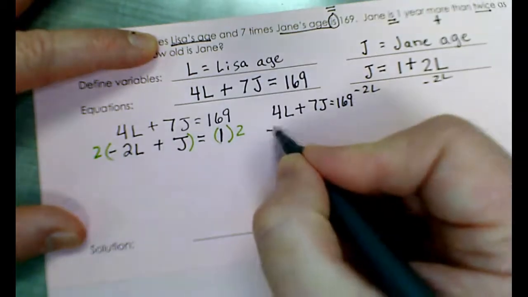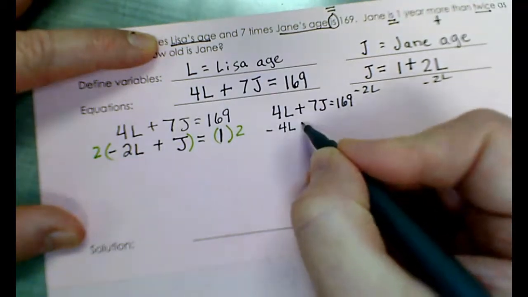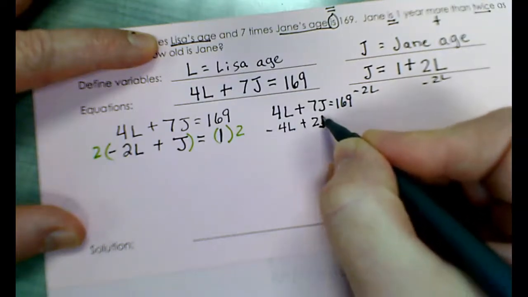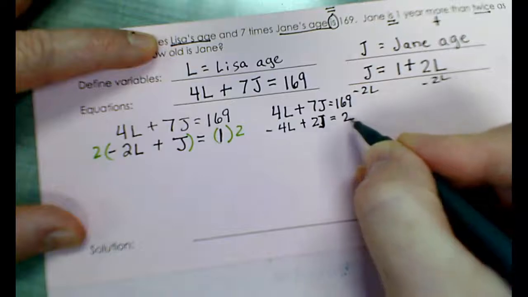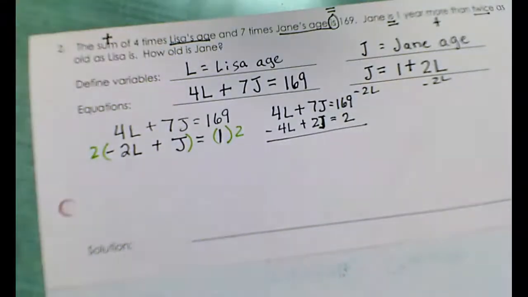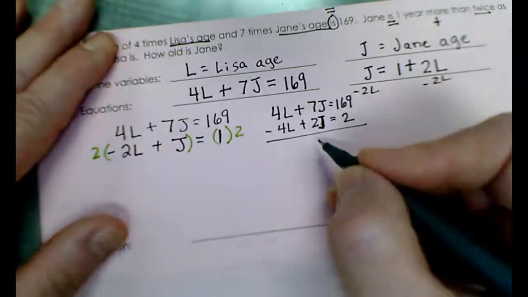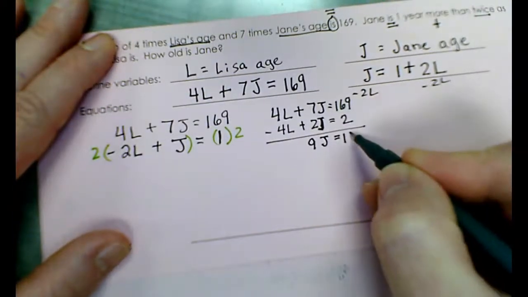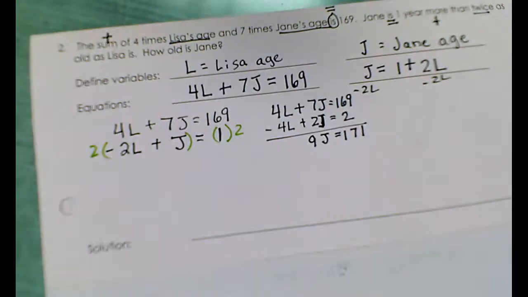And if I multiply that, minus 4L plus 2J equals 2. Add up the columns, what happens to the L's? So this is going to be 9J equals 171. So 9 will go into 171 how many times?